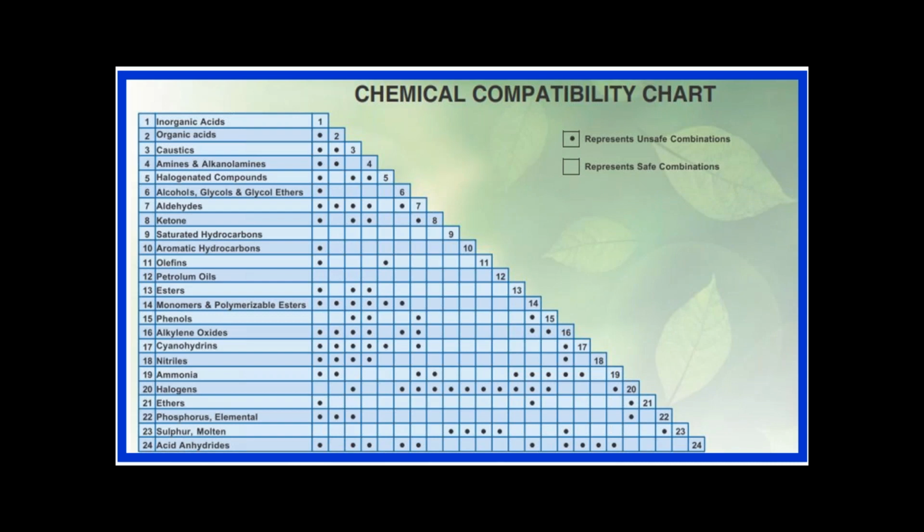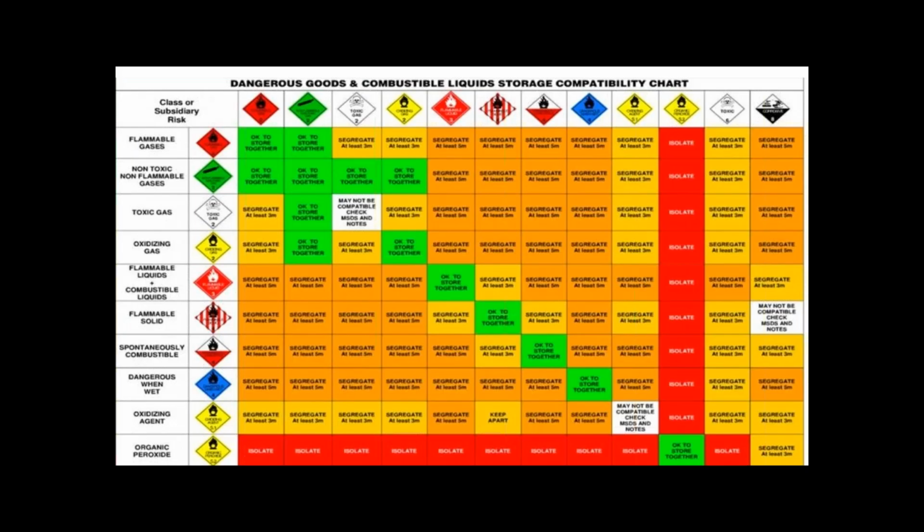Now some companies and some countries also use different types of chemical compatibility charts. Say for example, this is one chemical compatibility chart specially designed for dangerous goods and combustible liquid storage. In this chart, symbols are also used.